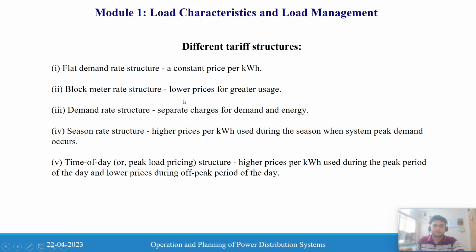Some of the important things are the different tariff structures imposed by the utilities. These are the flat demand rate structure, a constant price per kilowatt hour, where the slope just remains as it is.